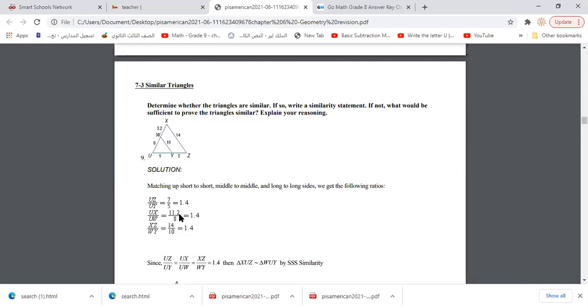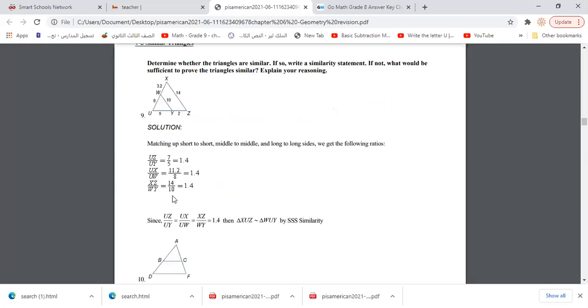You simplify and you will note that they have the same ratio. Then the two triangles will be similar by using sides.